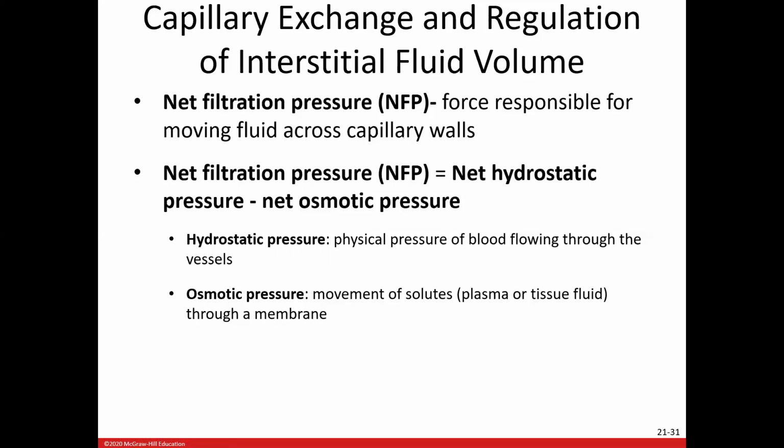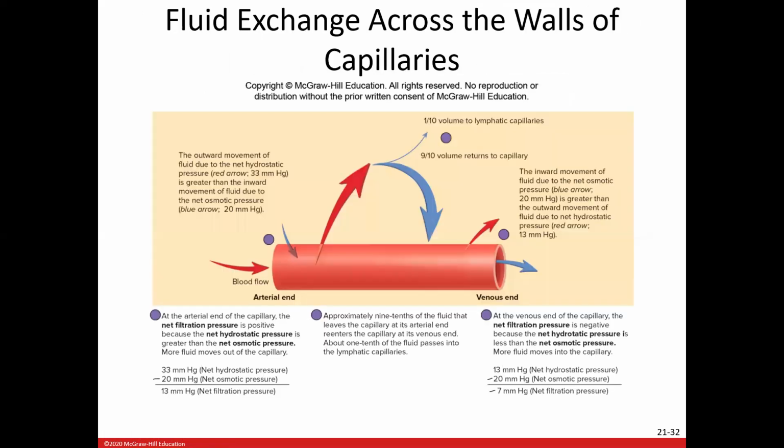So if we subtract osmotic from hydrostatic, we get the net filtration pressure. And that comes into play with getting materials in to the capillaries and getting materials out of the capillaries. So at the arterial end, when we're going from arteries to the arterioles to be diffused into the capillaries, we're going to have much more pressure on the hydrostatic side than we are on the osmotic side.